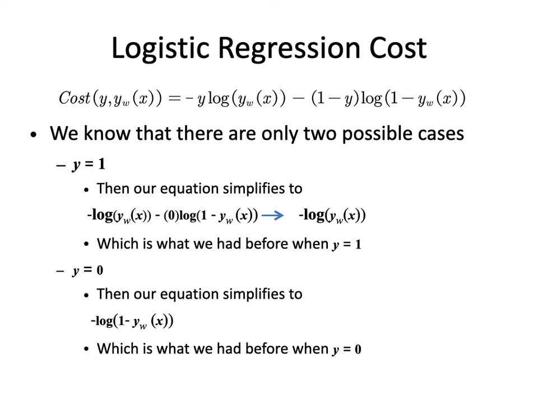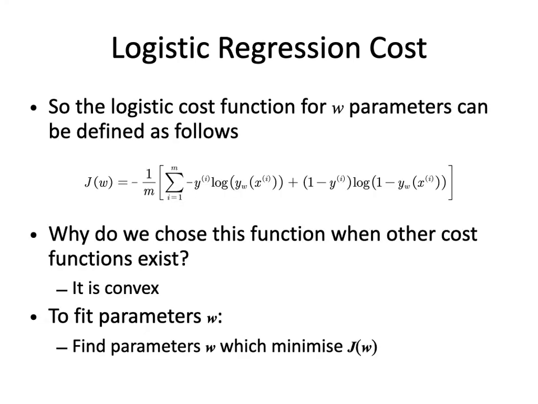And when we put y is equal to 0, it will cancel out the first part of this original cost function's equation, and it will lead to the cost function being minus log of 1 minus hθ(x), and this is what we had before for y equal to 0. So in this way we can express the cost function in a single line for two different cases, that is for the output to be predicted equal to 1 and the output to be predicted equal to 0.